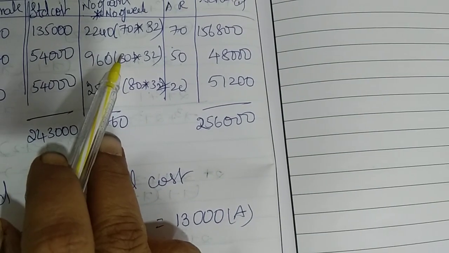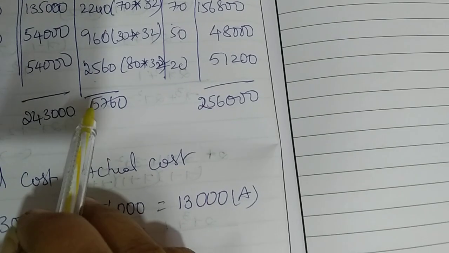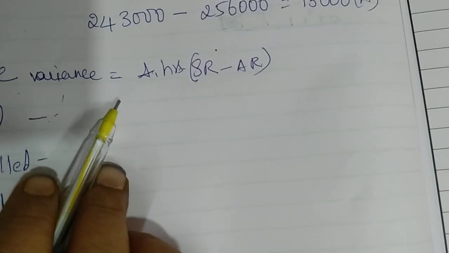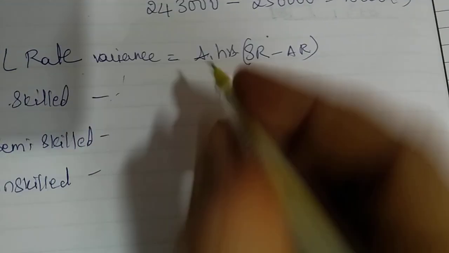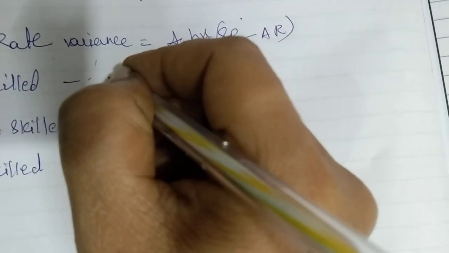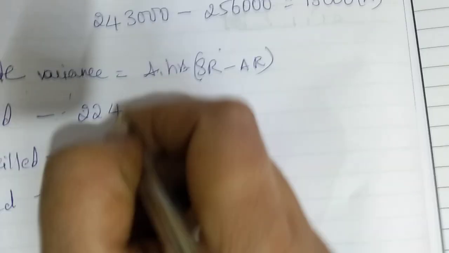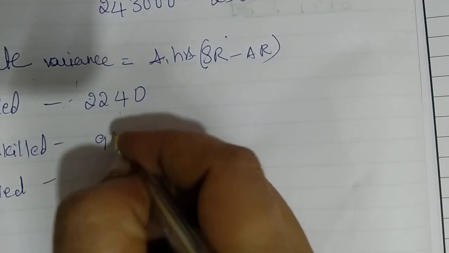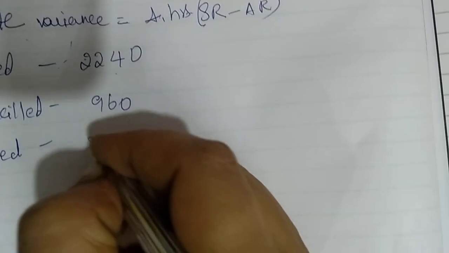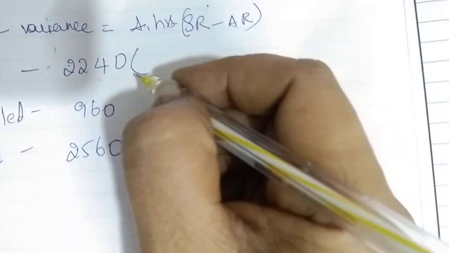So this is what I'm going to use: 2240, 960 and 2560. Here actual hours or actual time, whatever is there, for the three of them I'm going to fill in: 2240, 960 and one more, 2560.